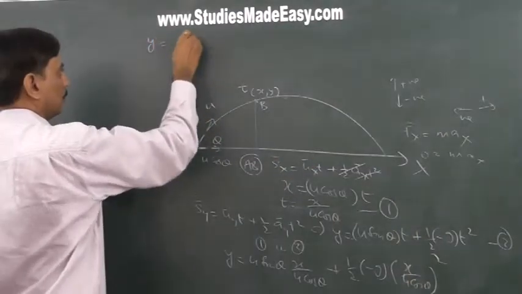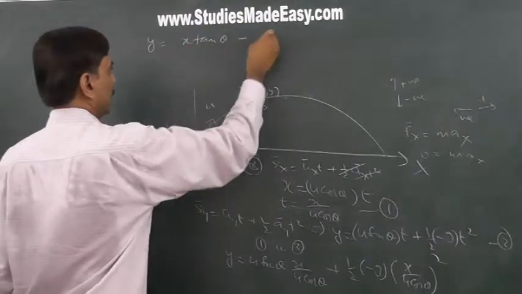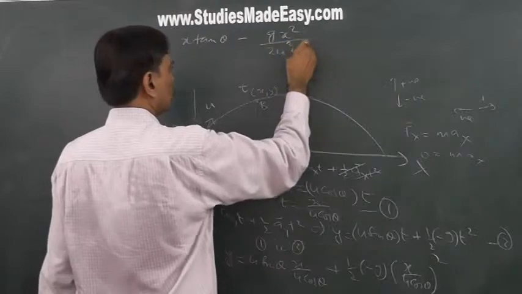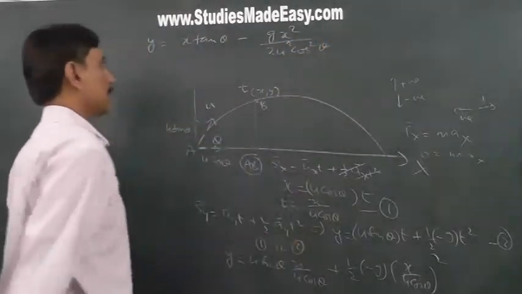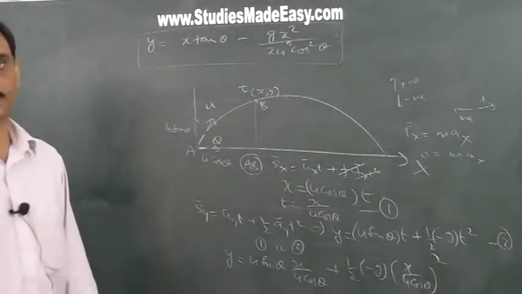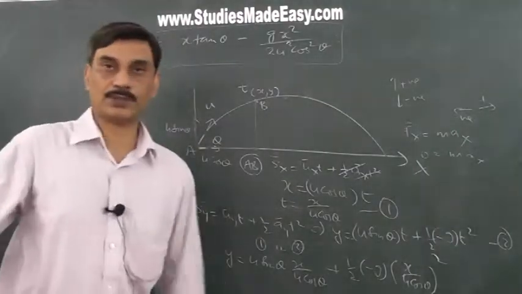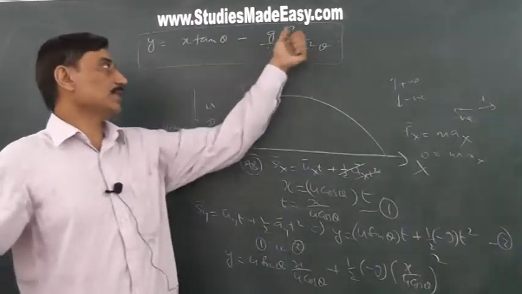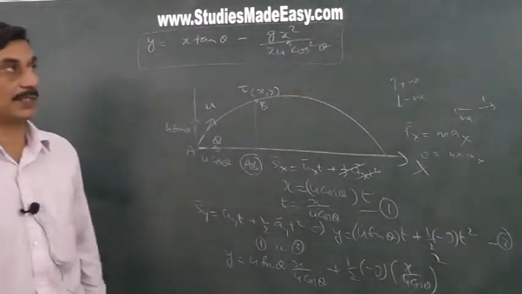The equation is y is equal to x tan theta minus gx square upon 2u square cos square theta. That is the equation of trajectory for a projectile motion which is moving purely under the action of gravity. y is equal to x tan theta minus gx square upon 2u square cos square theta.